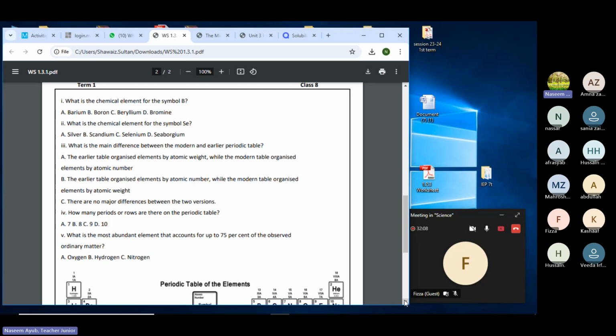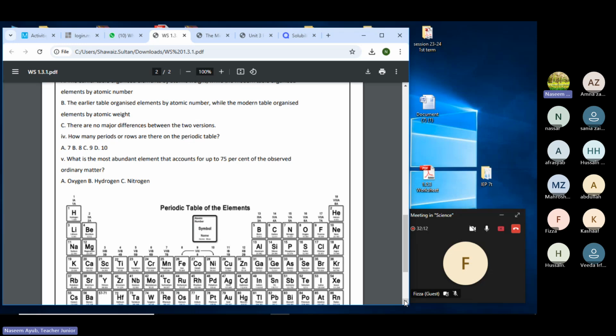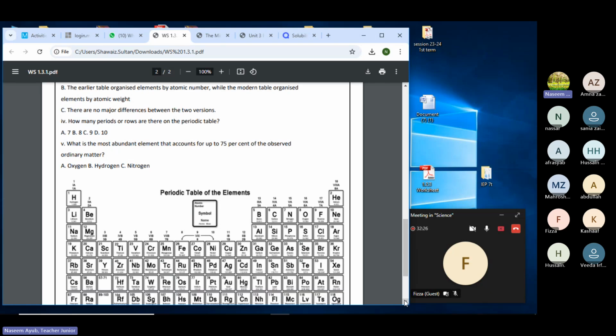How many periods or rows are there on the periodic table? Yes, the total number of periods is 7. What abundant element accounts for up to 75% of the observed ordinary matter?